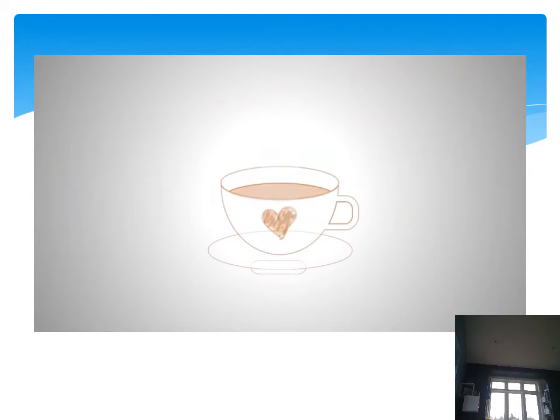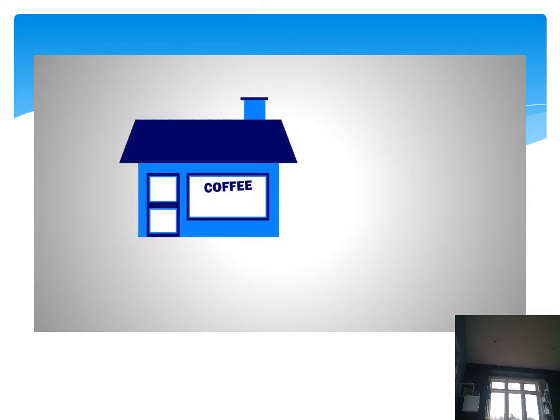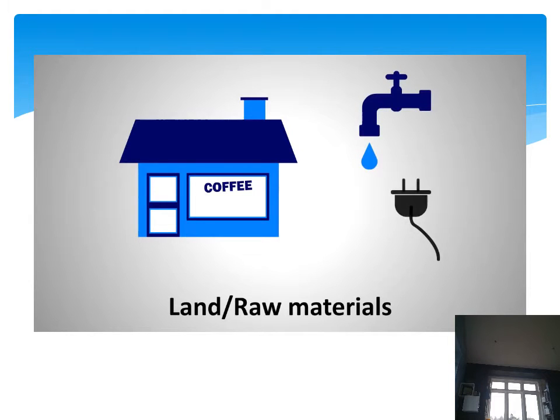Suppose you want to sell awesome coffee to people. What do you need? Maybe a cafe? So you've got to rent some place. That's land, isn't it? You also need water and electricity and of course coffee beans. What's this? Raw materials.